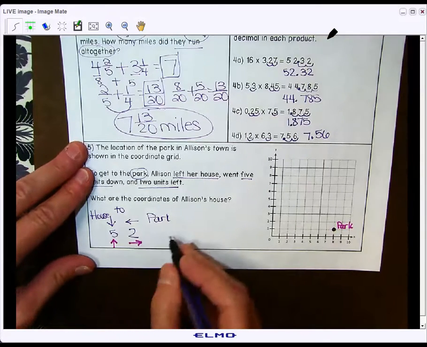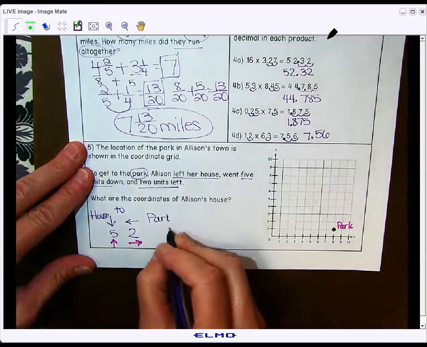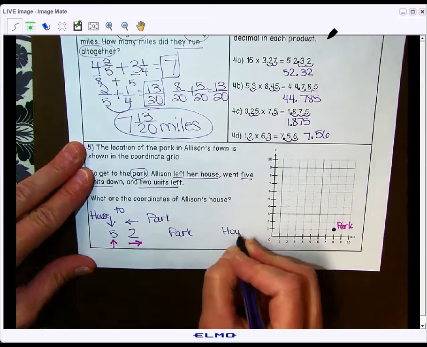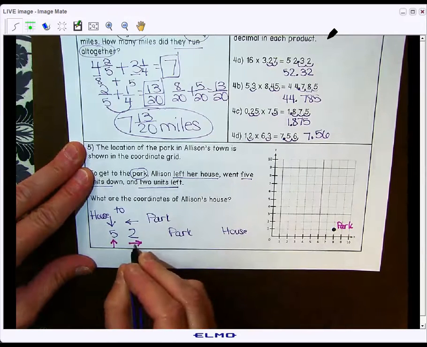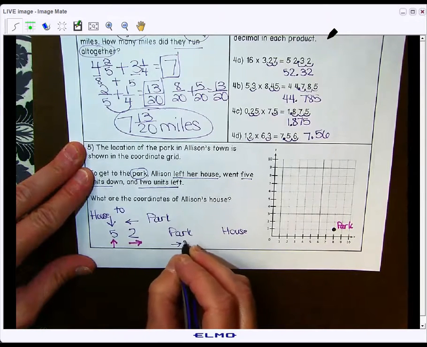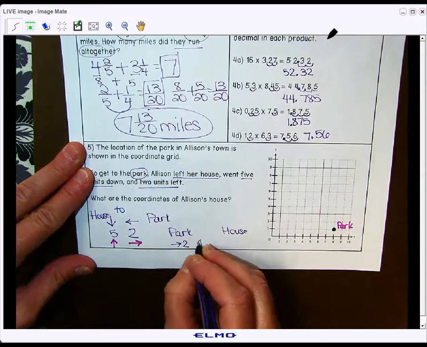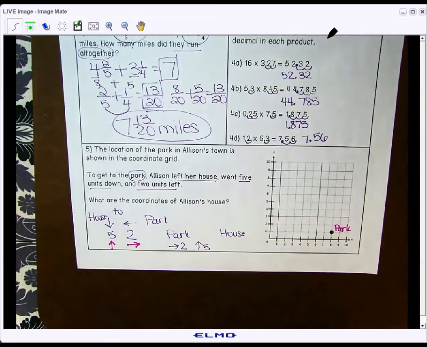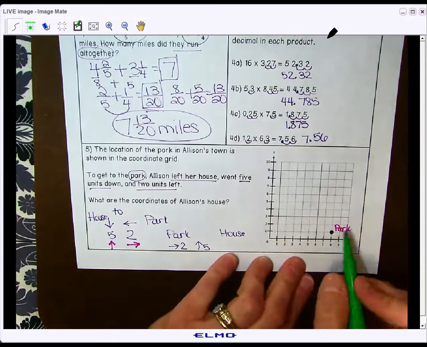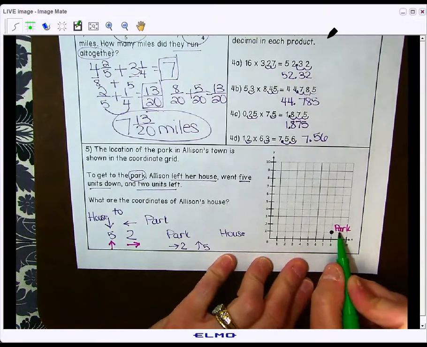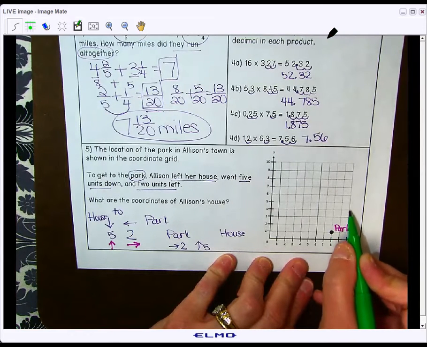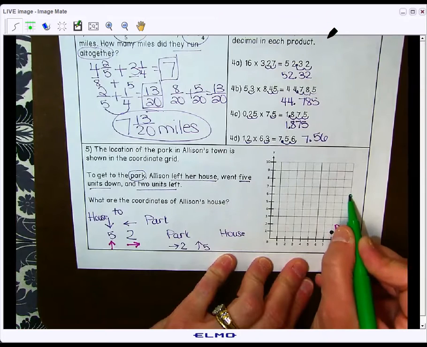So you are really going to go from the park to the house. And we're going to go to the right 2 and then up 5. Right, so let's see where that will take us. So from the park, we're going to go to the right 2, 1, 2, and then up 5. 1, 2, 3, 4, 5.